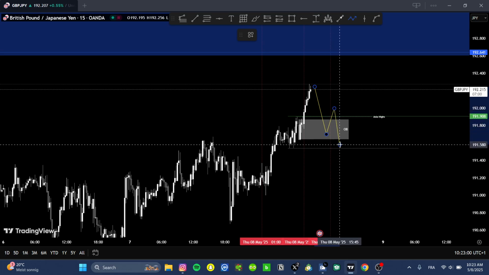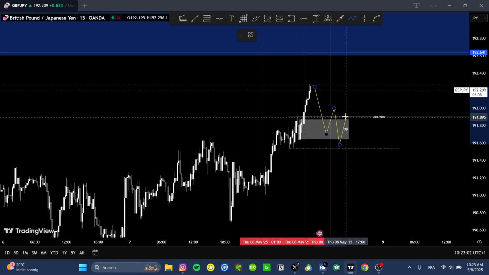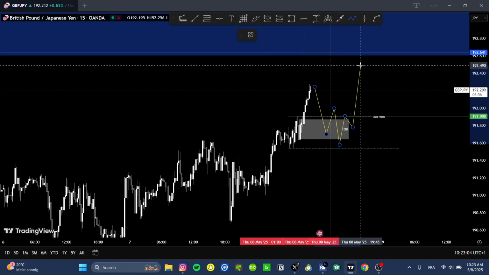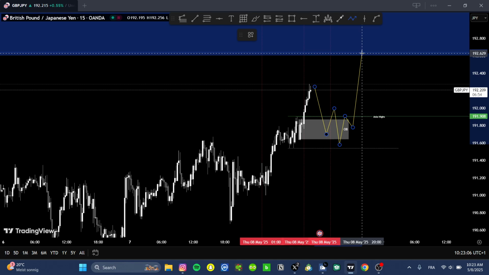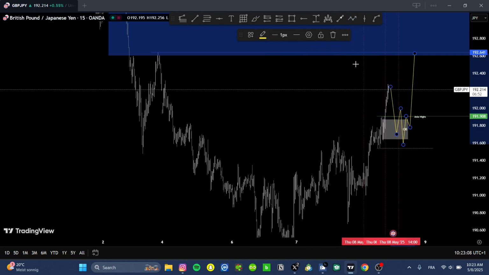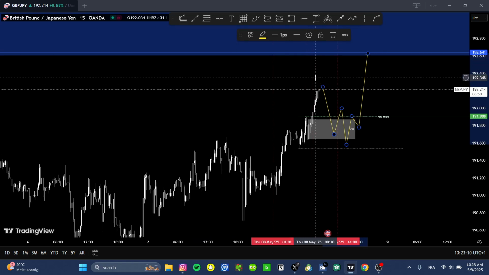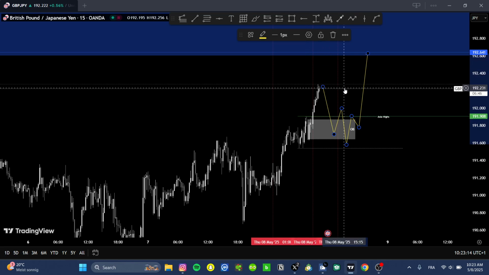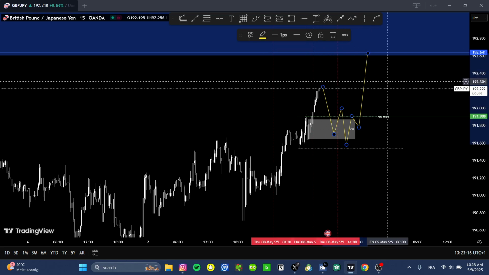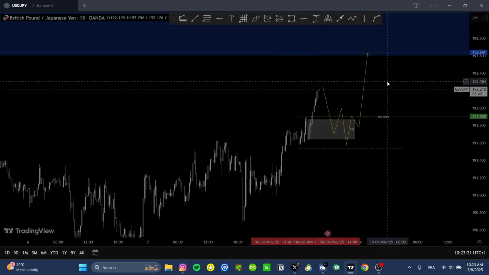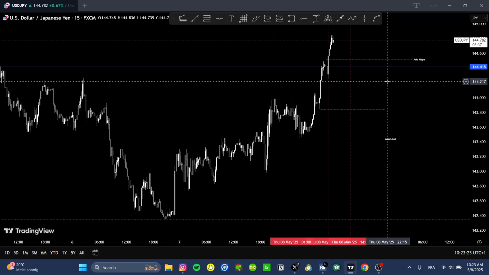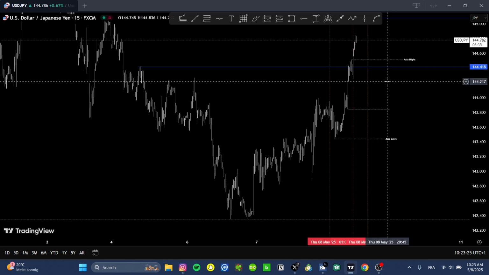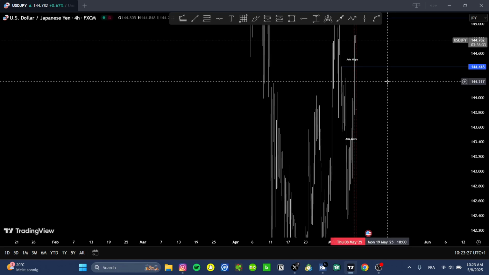If there is a sweep of liquidity and then a break of structure, I'll maybe target those 4-hour highs, or if London session creates some new high right here, I will anticipate that. But for now, there is nothing I can see, and you can see it for yourself. There is nothing, and the similar thing is happening to USD JPY.